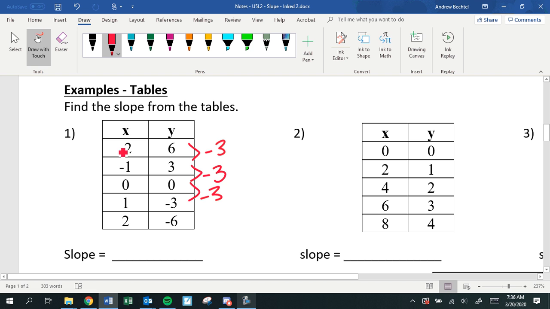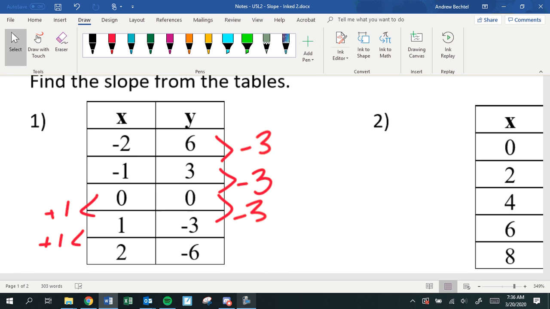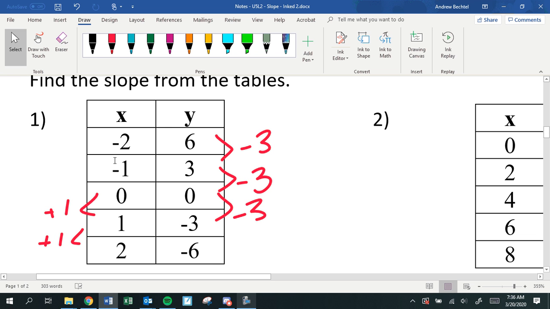On the x side, we start off with some negative numbers. It may be easier to start with the positives. This is going up by 1. This is going up by 1. You can always check this by adding negative 2 plus 1. You can see if it gets the same answer, or you could subtract negative 1 minus negative 2 and see what you get.